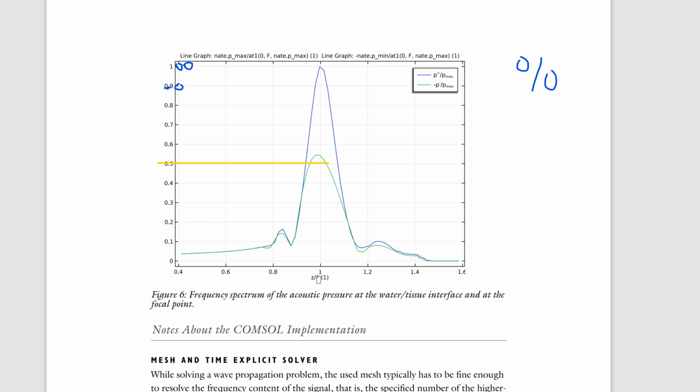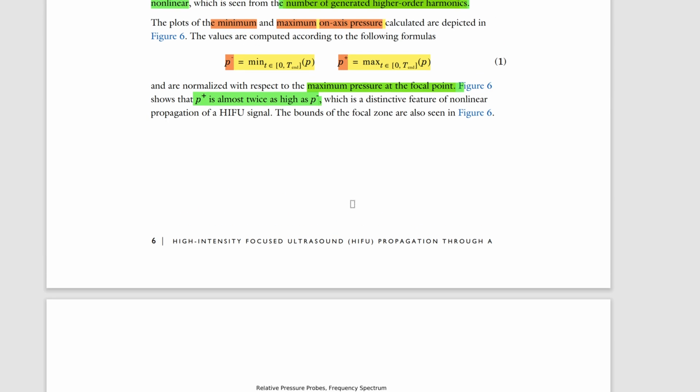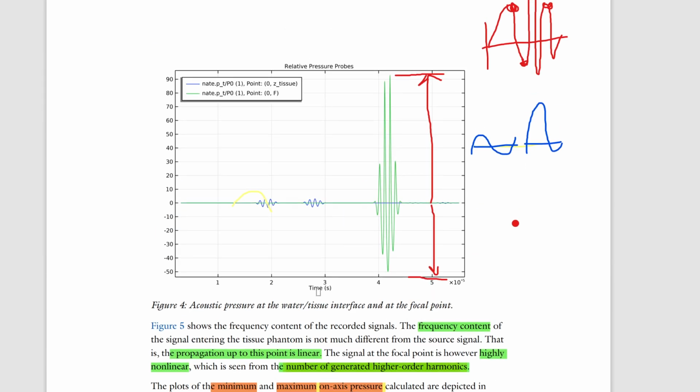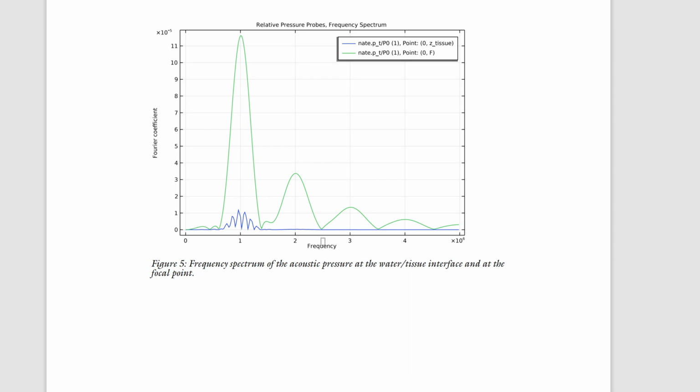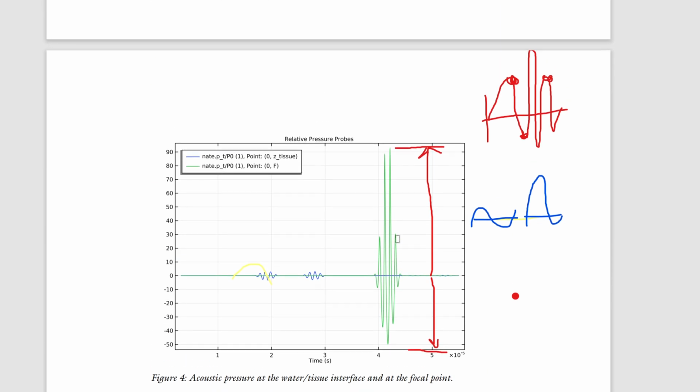Distance divided by frequency. 0.4, 1.6, and at 1, must be distance away from our focal point. Correct? Incorrect. Let's see here. Do we have distance on this graph here? We have time. We have distance here. No, we have frequency. Is it related to frequency?